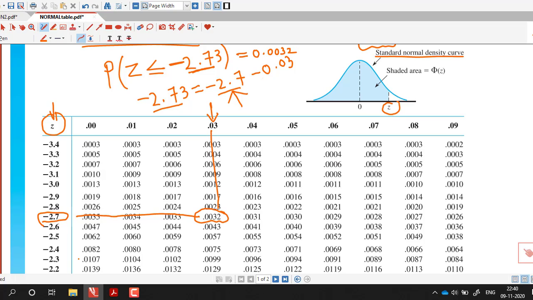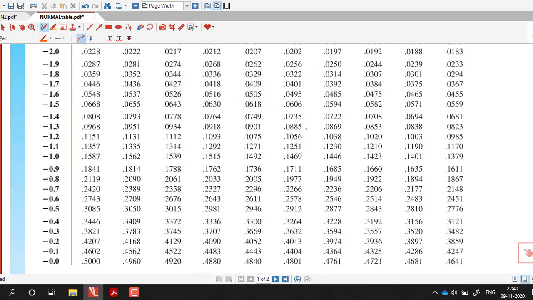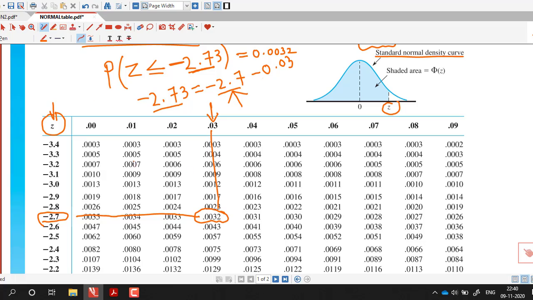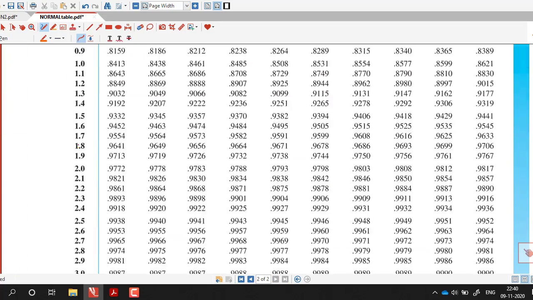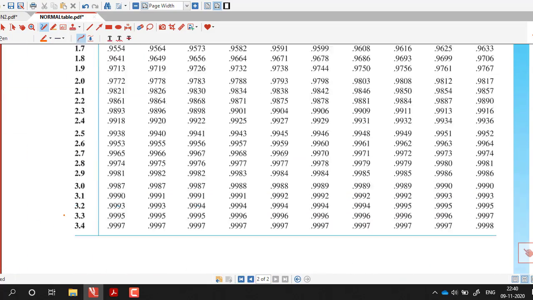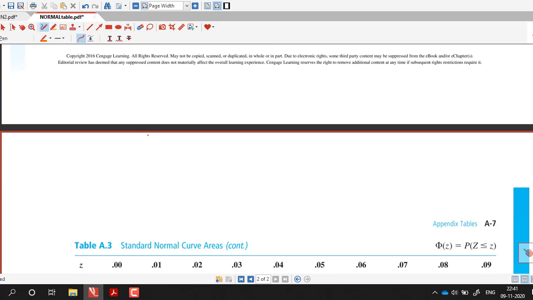So in this way we can find out standard normal probabilities using this standard normal probability table. Here values are given for Z from minus 3.4 to plus 3.4.